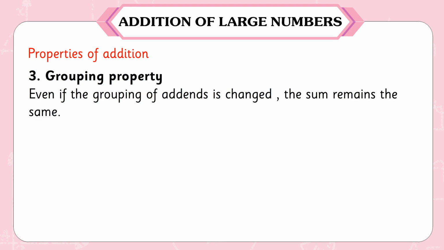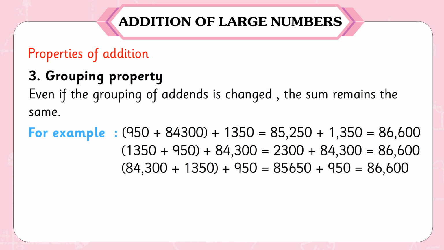3. Grouping property. Even if the grouping of addends is changed, the sum remains the same. For example, in brackets, 950 plus 84,300, bracket closed, plus 1,350 is equal to 85,250 plus 1,350 is equal to 86,600.